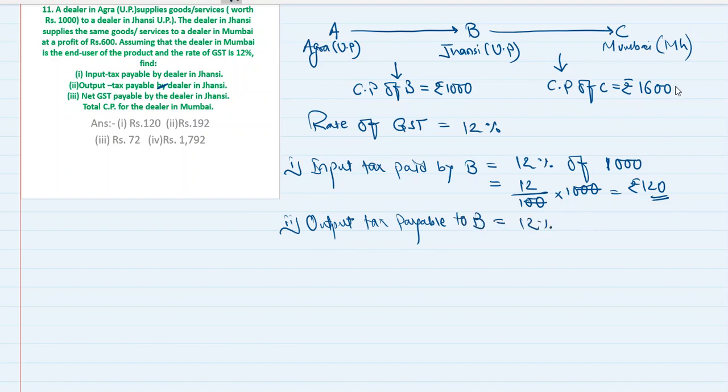Who will pay this output tax? The person in Mumbai. And for how much is he buying the article? 1600. So 12% of 1600 will be paid by the dealer in Mumbai to the dealer in Jhansi. Okay, let's find out what is 12 multiplied by 16.